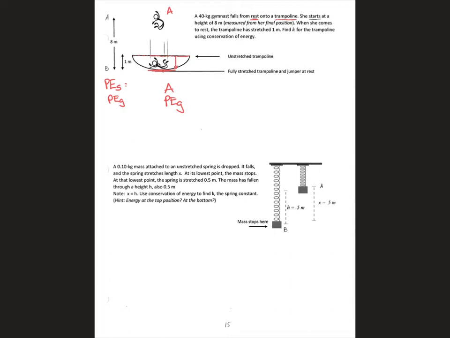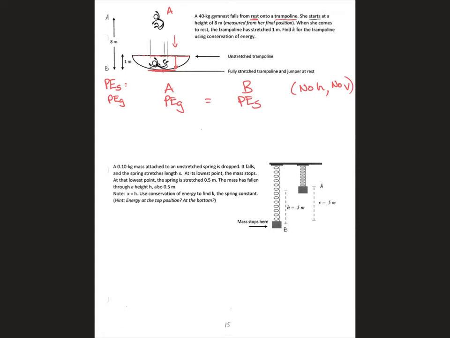Then when she falls into the trampoline, to the lowest point, it turns into kinetic energy in the process, but then at position B it turns into potential energy of a spring, because there is no height left over. And have you ever noticed that in slow motion video, you momentarily come to rest on a trampoline, so you have no motion.